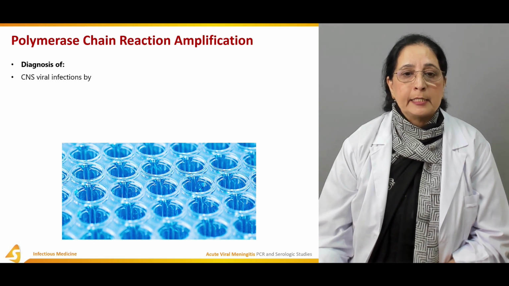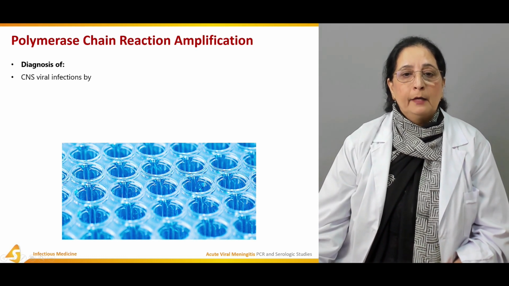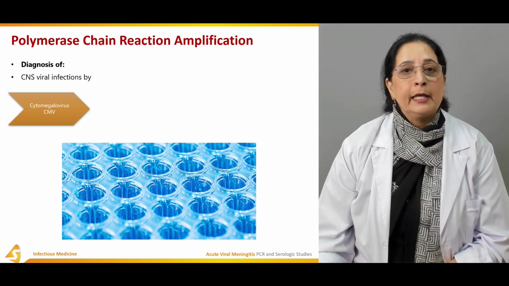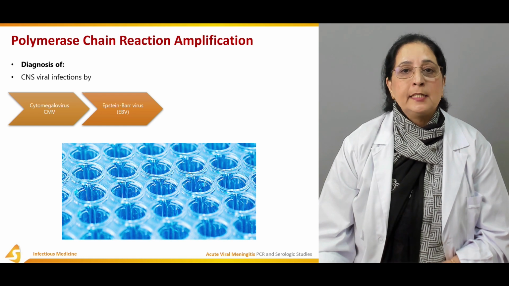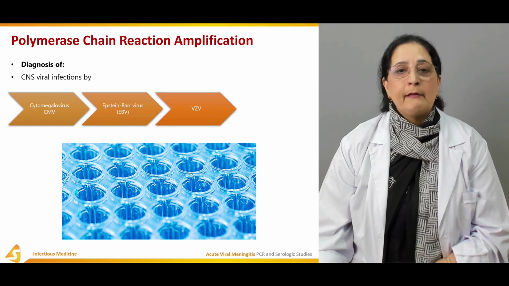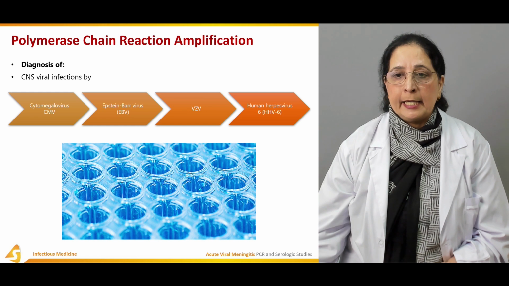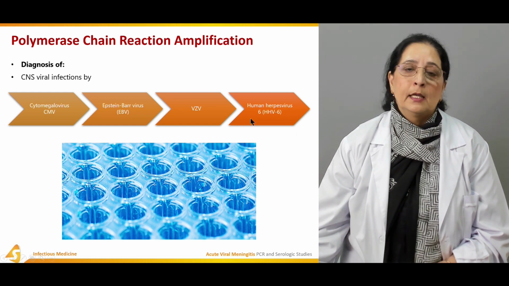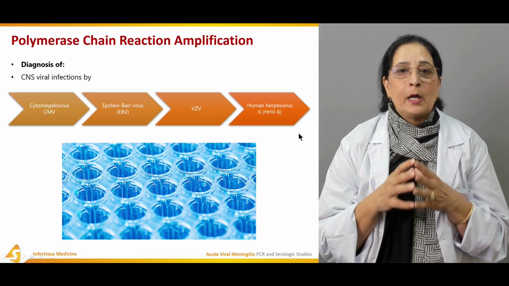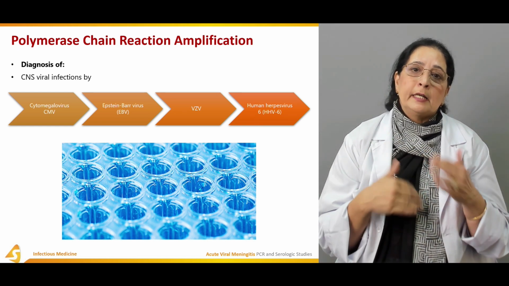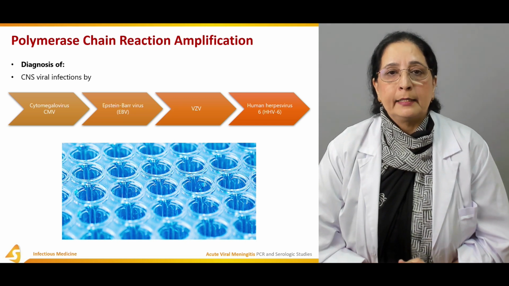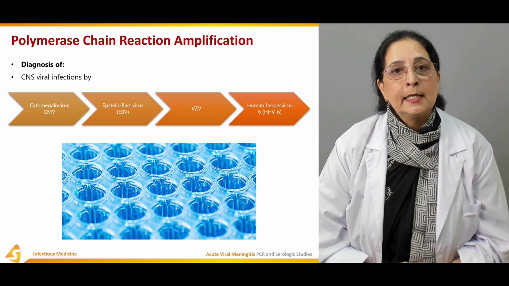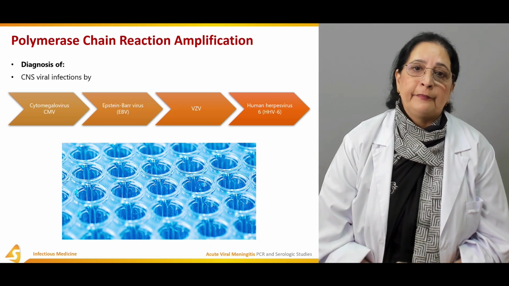Diagnosis of central nervous system viral infections by cytomegalovirus, Epstein-Barr virus, varicella-zoster virus, and human herpes virus 6. So all these are different viruses that can be diagnosed with the help of polymerase chain reaction amplification.